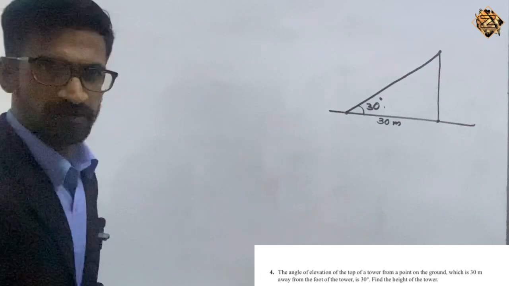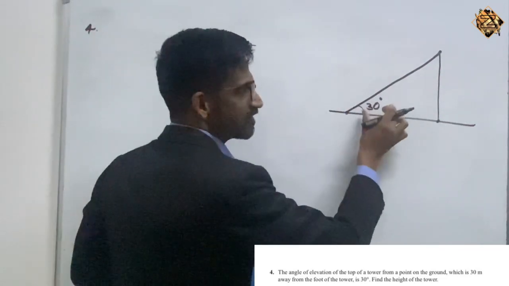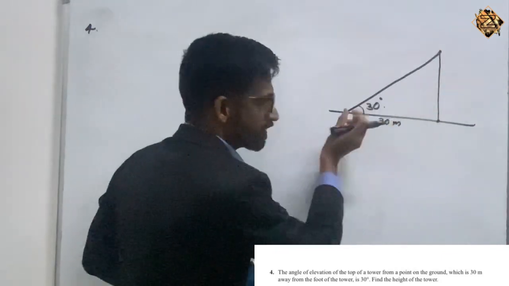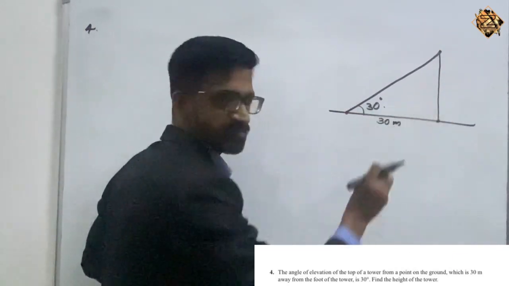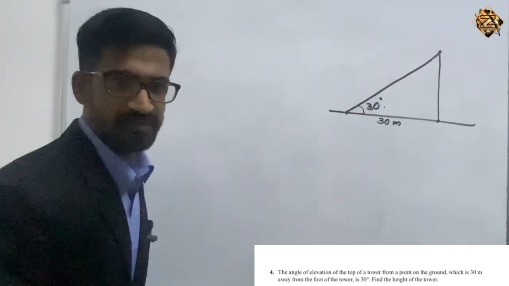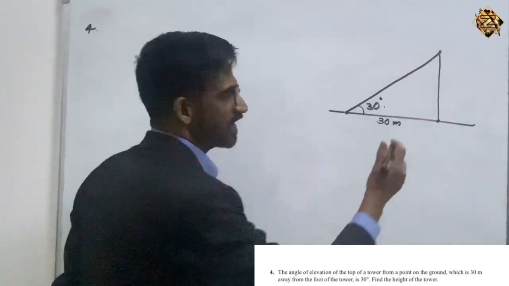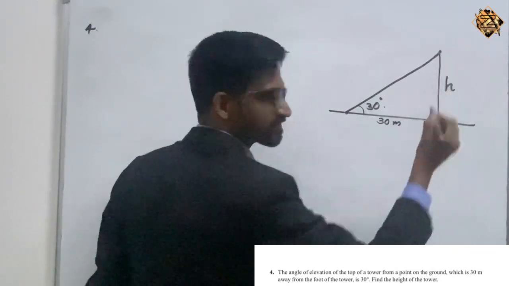Half the figure is clear, isn't it? So in the question it is given the angle of elevation of top of a tower from a point on the ground which is 30 meters away from the foot of the tower is 30 degree. And the question is find the height of the tower. We have to find the height. This is the height of the tower.